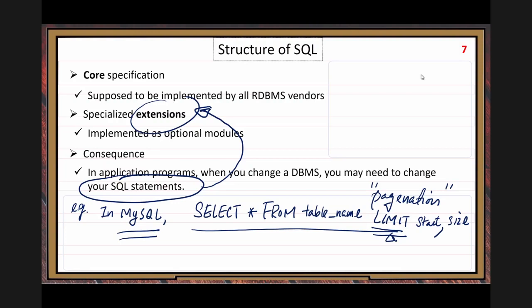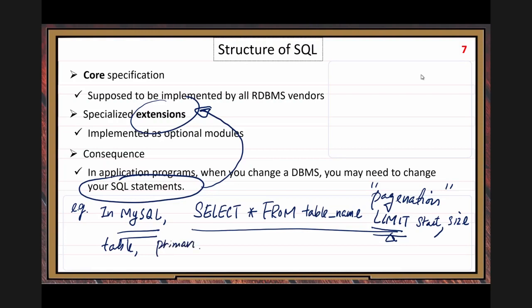All right, so this is one example. Another example, also very convenient. In MySQL, there is a simple feature. When you create a table, many times you like to have a primary key. Later we will talk about it.